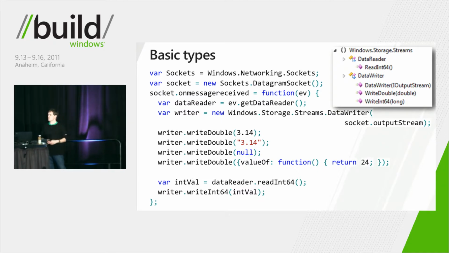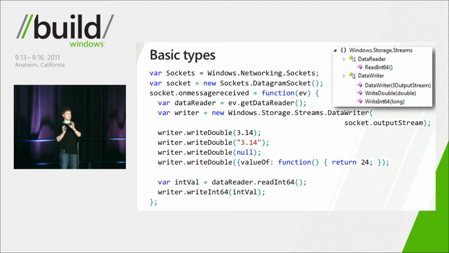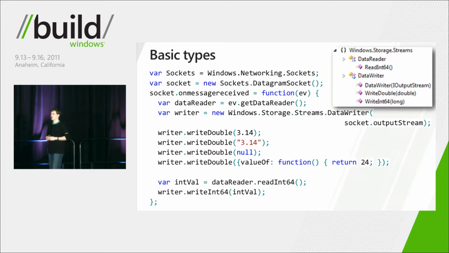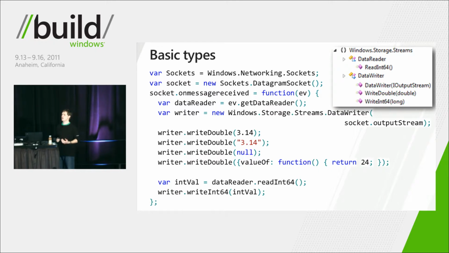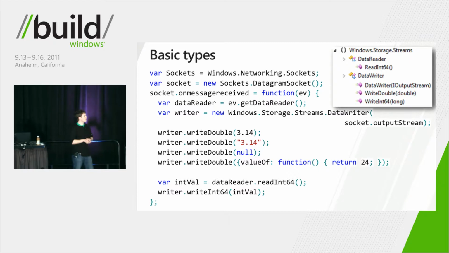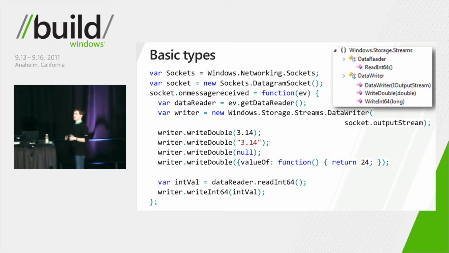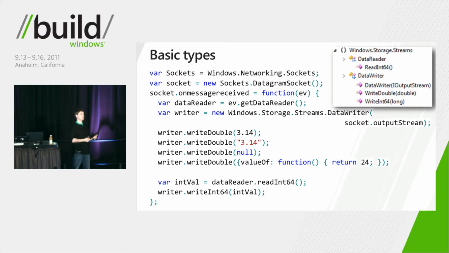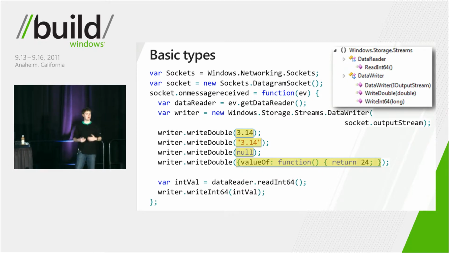So for instance, when I have an API here like the data reader and data writer, which allow me to write, if I'm writing out to a file and I want to write really controlled sequences of bytes into my file, there's a Windows Runtime API that allows me to do that. And if I want to use that API from JavaScript, I may want to call this writeDouble method here. And I'm going to pass in maybe a string, the number 3.14. And for JavaScript, we actually do all those conversions for you. So in all these cases, these will all do the same thing. They'll all ultimately make the same Windows Runtime call on your behalf.